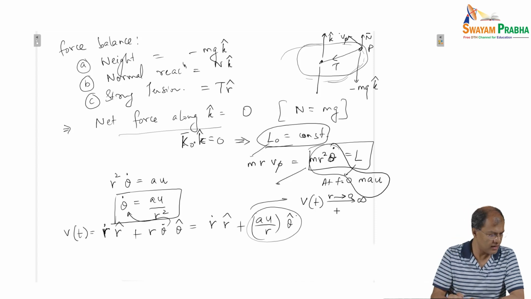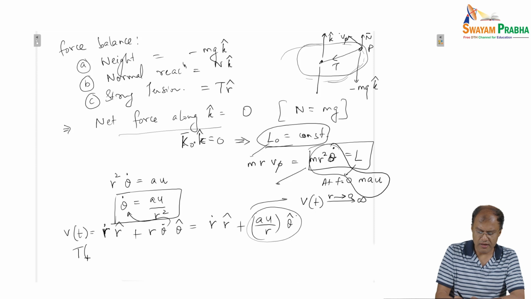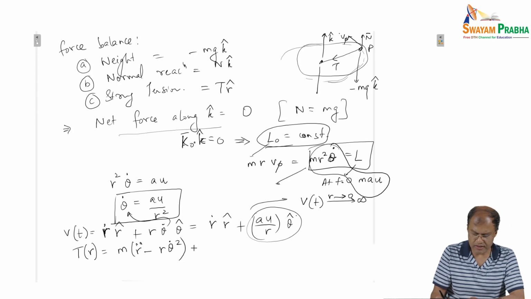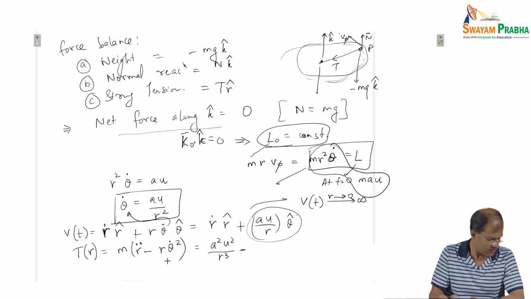Okay, so similarly we can write down the string tension here. So T of r, this is acting radially, it's going to be m times r double dot minus r theta dot square. And we plug everything in, and we see that this is going to be a square u square by r cube minus r, well, what have we got?